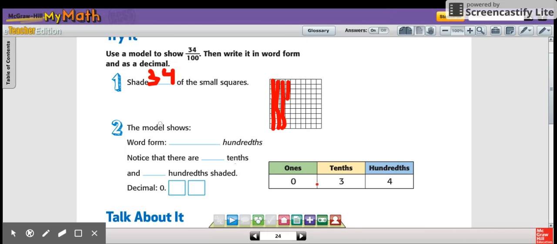So the model shows in word form 34, and I'm going to try to do this, 30. Oh, geez. It's going to go over because it's just too big with the mouse and not very pretty with the mouse.